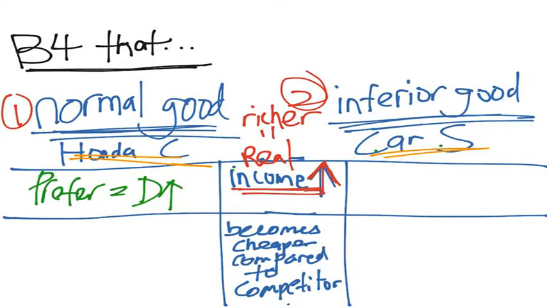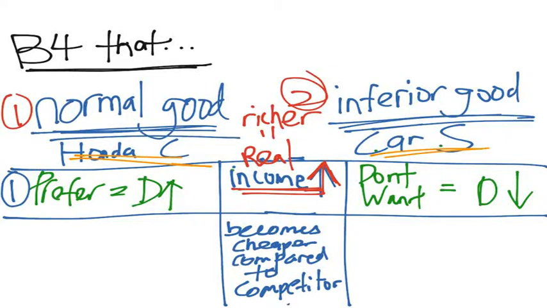And if we are richer, we don't want inferior goods, meaning the demand for inferior goods will decrease. This is the first thing that you need to understand. This is called the income effect.